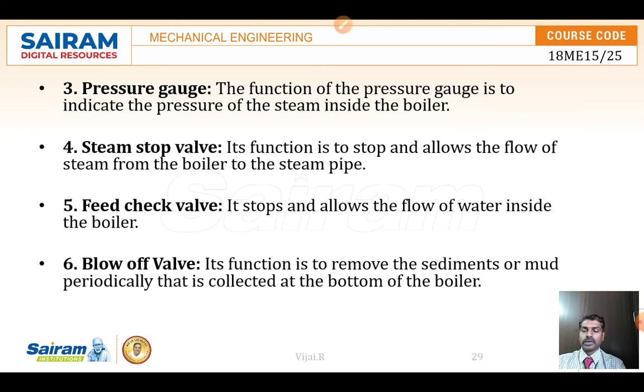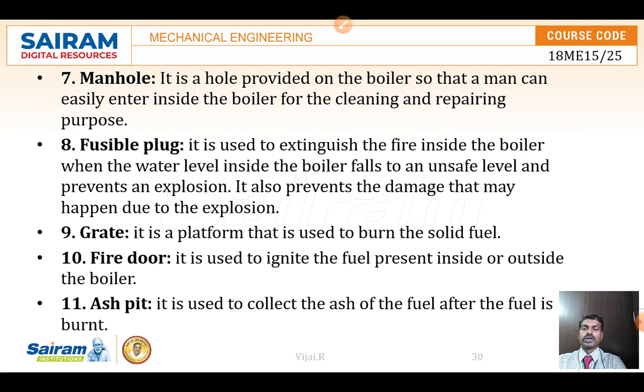There are pressure gauges for maintaining the boiler pressure, a steam stop valve for controlling the flow of steam, and check valves. Blow off valves are used for the removal of particles, sediments and impurities which settle in the boiler. These are all the important accessories and mountings used in this boiler.